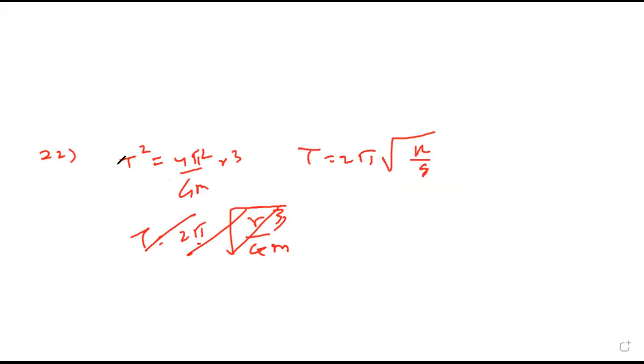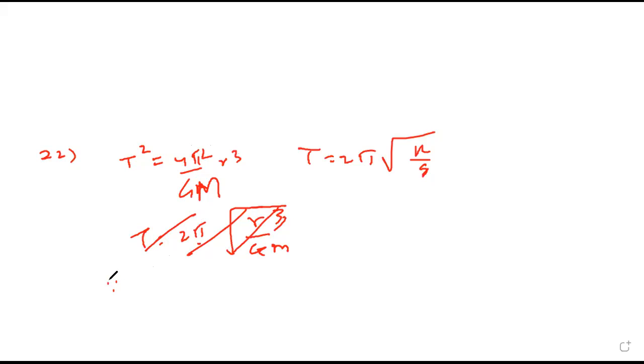Now, anywhere can you see the mass of the orbiting satellite in the formula? T square is the satellite's time period, 4 pi square is constant, r is orbital radius, G is the universal constant, M is the mass of the planet, not the satellite.